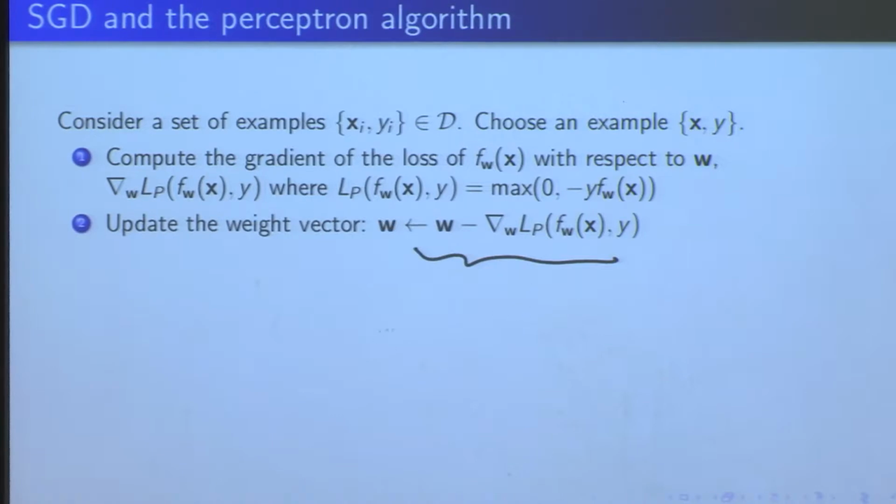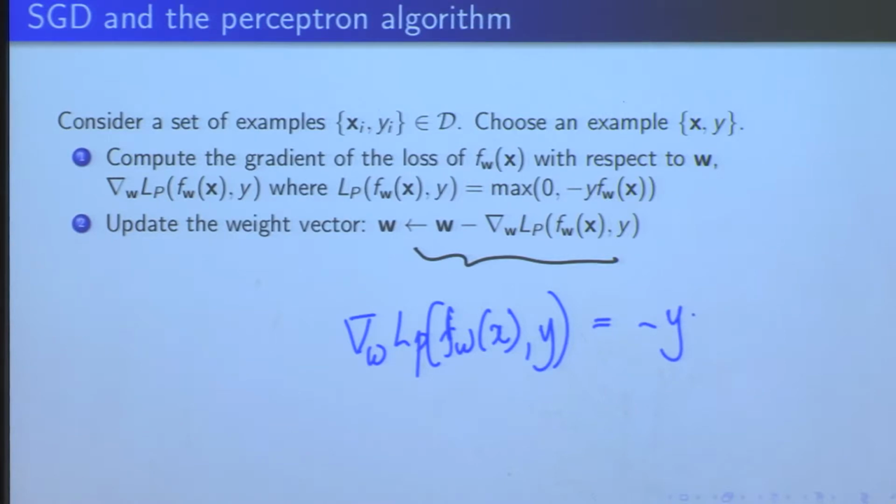Let's write this down. The gradient with respect to w of L_P(f(w,x), y) is nothing but minus y times x, if minus y x transpose w is greater than 0, or the signed loss is less than 0. In those cases the update will be w plus yx, the negative of the negative quantity minus yx.